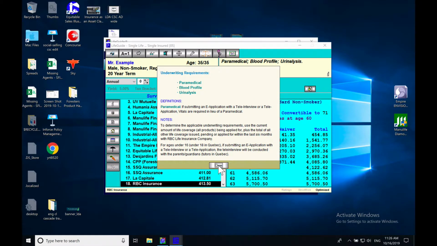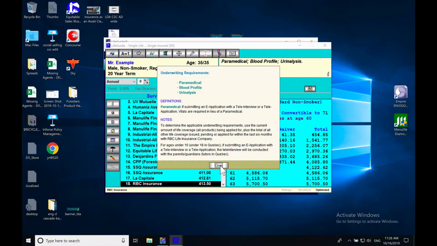And that's important, especially in situations where paramedicals may have been done within a certain period of time. Are they valid or are they not? Are the requirements cumulative or not cumulative in terms of coverage being requested for both life and CI, etc.? So in this situation, it's identical.